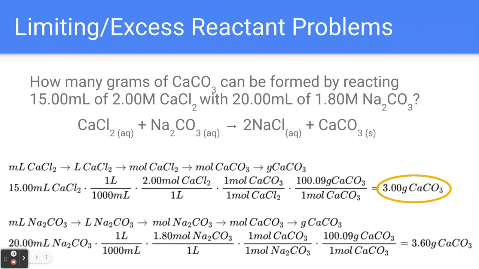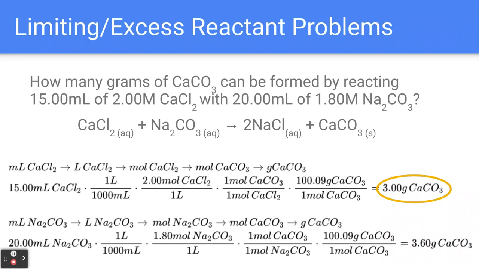So for this first one, we're starting with 15 milliliters of calcium chloride. Then we're out of milliliters and into liters, out of liters and into moles using that molarity, 2.00. Then we use the mole-to-mole ratio. It's just a 1-to-1 for this case, and then the molar mass. So that one produces 3 grams.